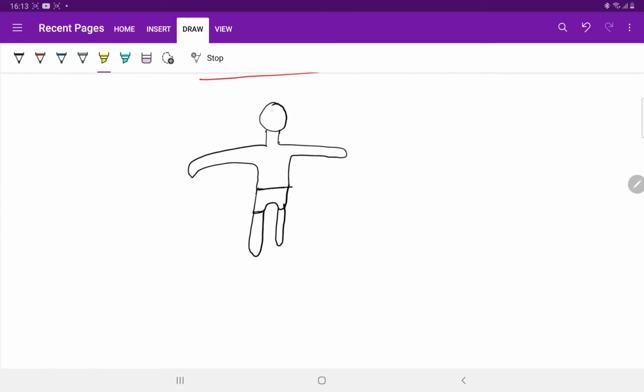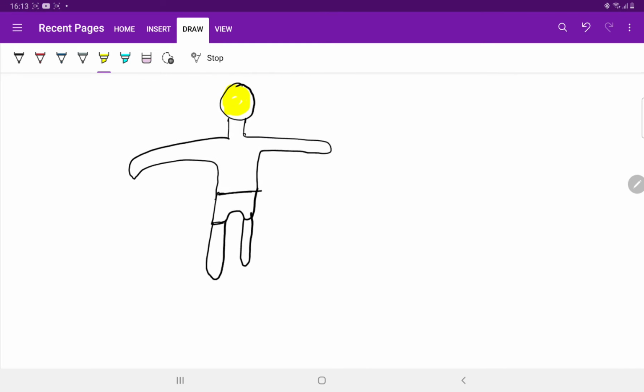So the first is face. The first part to develop icterus is the face. If there is presence of icterus in the face, it will contribute to around 4 to 6 milligram per deciliter. At a bilirubin level of 4 to 6 milligram per deciliter, the face will develop icterus.